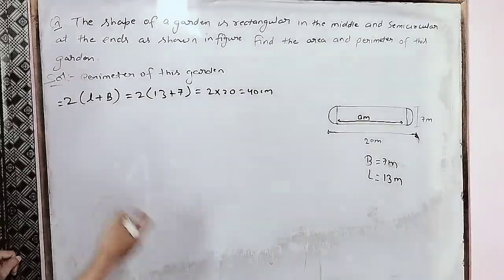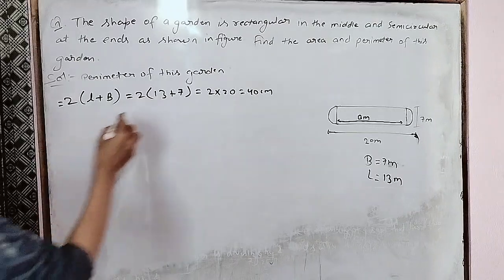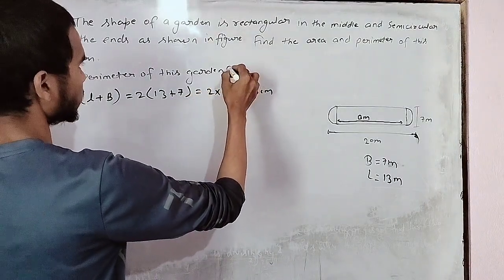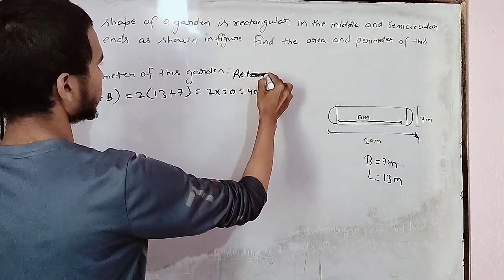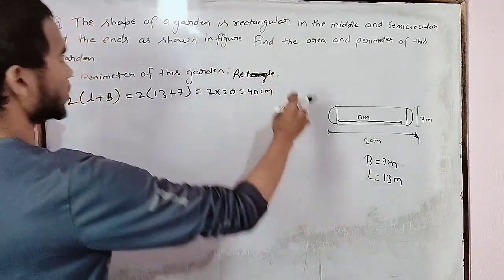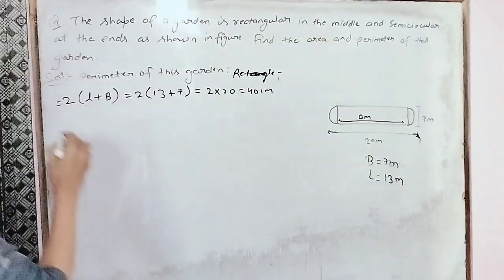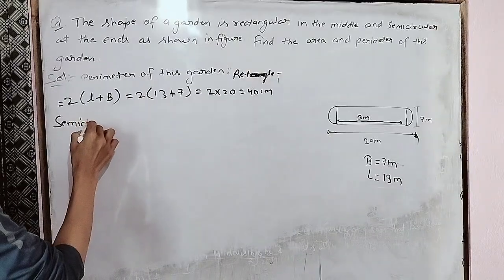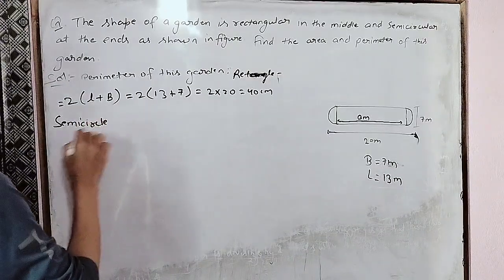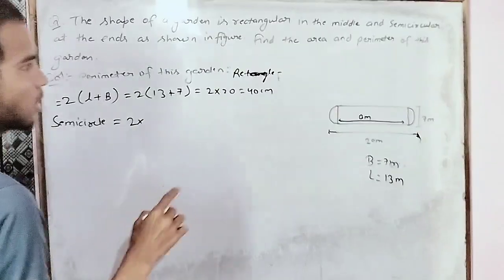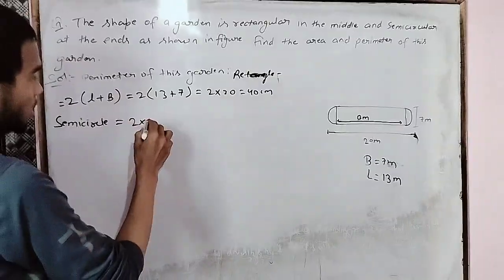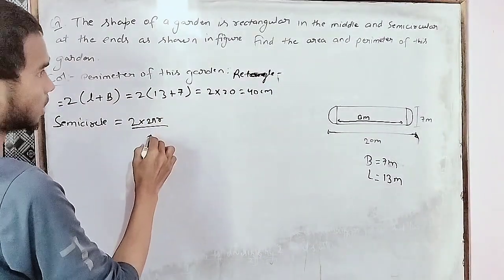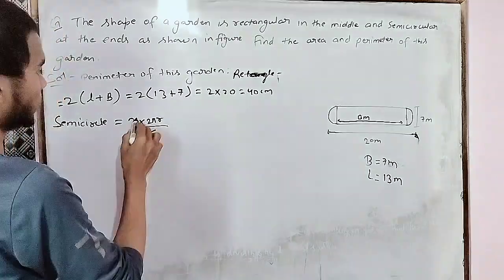So we have a semicircle. Two semicircles. So just 2 multiplied by pi r, 2 pi r by 2. 2 will get cancelled out.